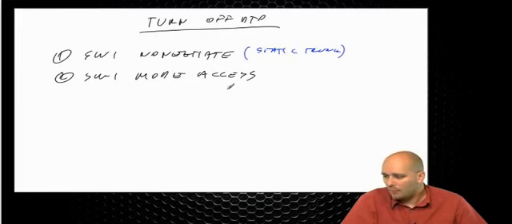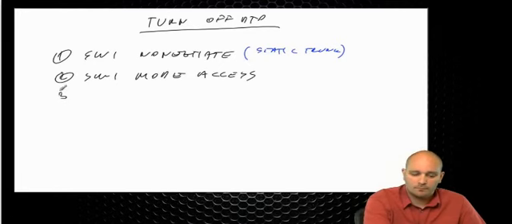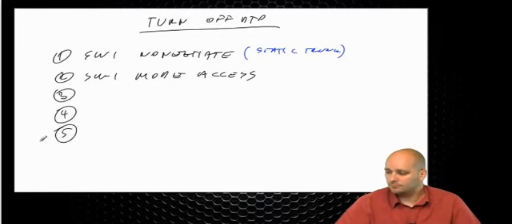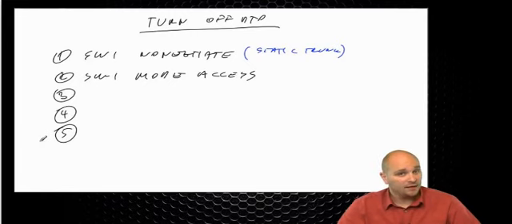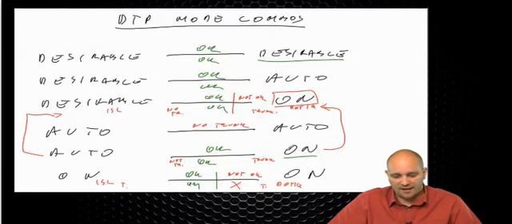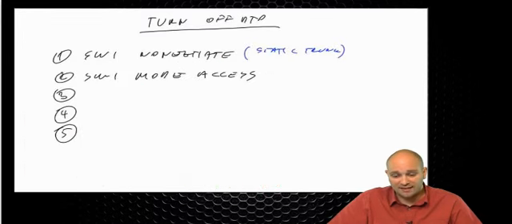But are there any other ways of turning off DTP? I'll give you a hint. Now, mode trunk, as we've seen before, does not turn off DTP because it will actually actively negotiate the trunk. So here, if I have mode on and auto, the trunk will actually form because it will be sending DTP frames.